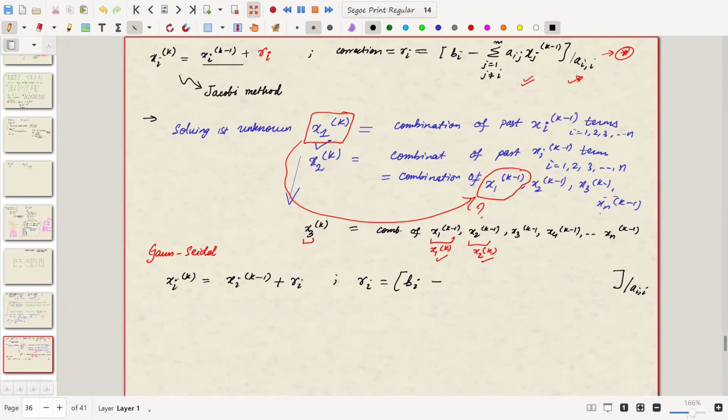Just write it accordingly. So I told you, just visualize this example from before. When you took x2, what fresh value are you using on the right hand side? What fresh value are we using?